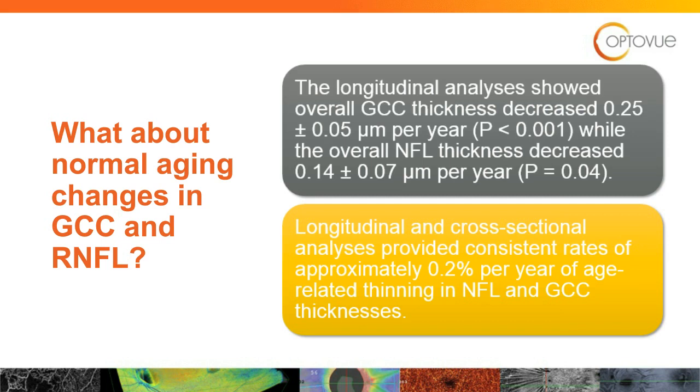Anything above that will often get flagged as statistically significant. Another way to think about it is we lose 0.2% per year of age-related thinning in our fiber layer and ganglion cell complex. Be careful about high myopia.